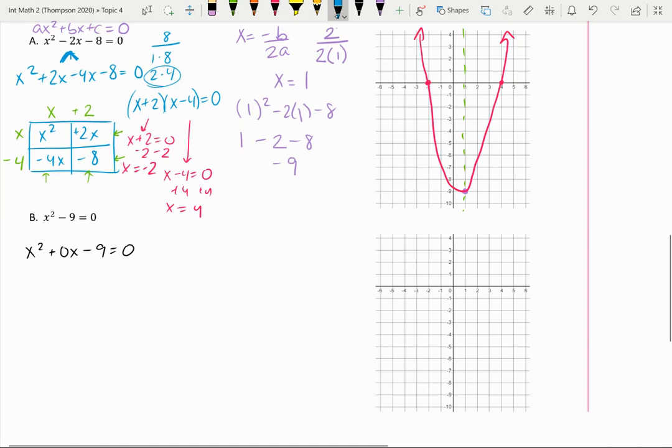Okay. So I multiply 1 times -9, I get -9. What 2 numbers multiply to -9 and add to 0? Remember, the only time they can add to 0 is when they're the same number but opposites. So when I split this term up, I get x squared minus 3x plus 3x minus 9.